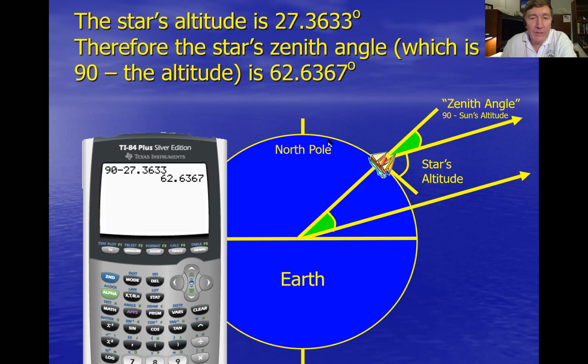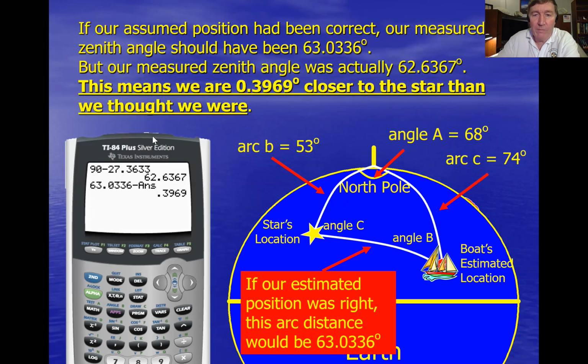Okay, so let's compare those two numbers. Our fictitious distance was 63.0336. Our real true distance is 62.6367. So what this means is we are closer to the star than we thought we were.